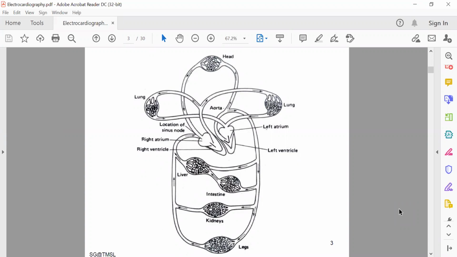The right half of the heart, known as the right heart, is the pump that supplies blood to the lungs, and this circulatory path for blood flow through the lungs is called the pulmonary circulation. The circulatory system that supplies oxygen and nutrients to the cells of the body is called the systemic circulation.